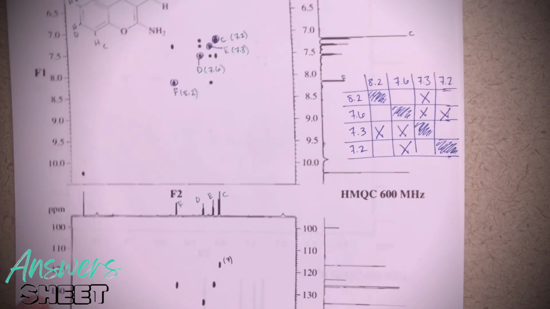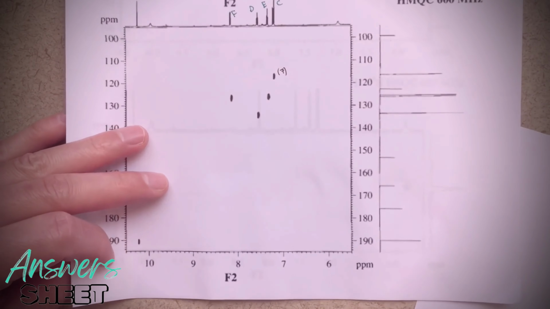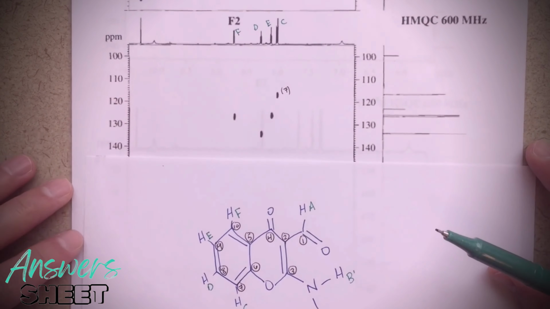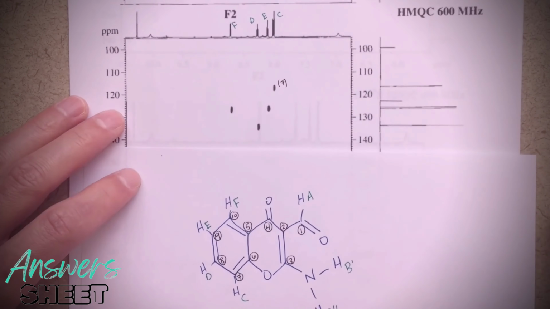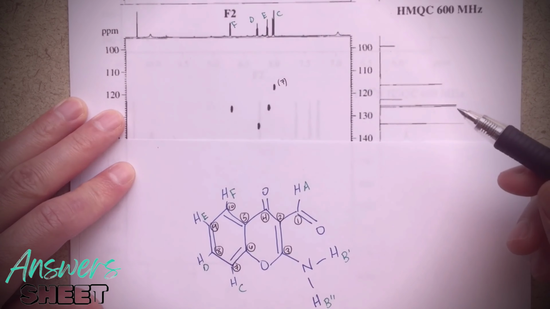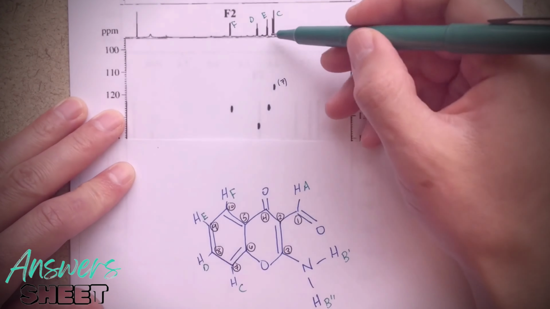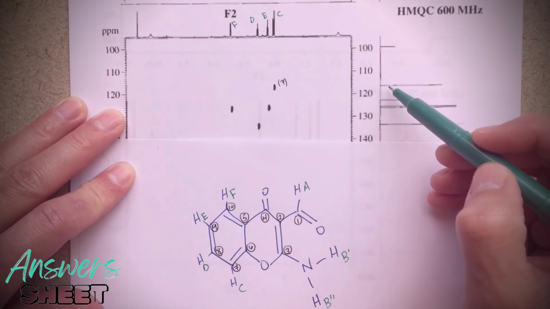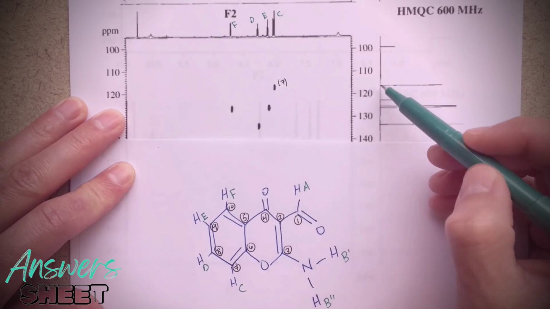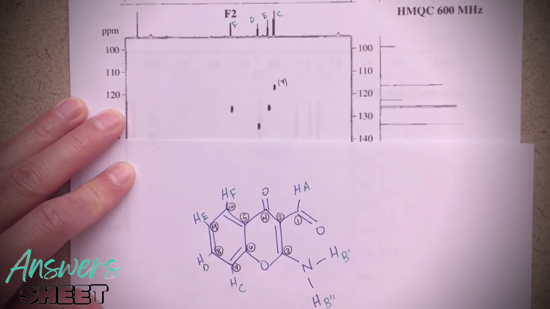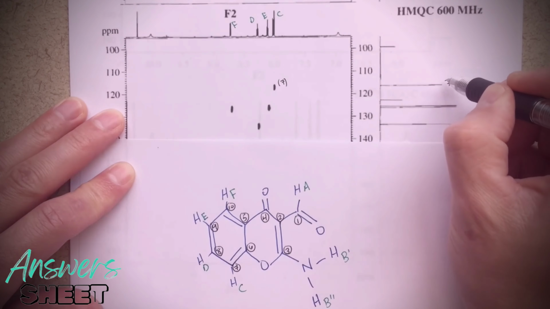Maybe we'll do it this way so you can see what's going on. So if we've labeled this peak as C, that's my proton at C, and I've got this cross peak with the carbon NMR at 117, then that tells us this signal for the carbon NMR is this carbon here. So we're going to label that one as 7.